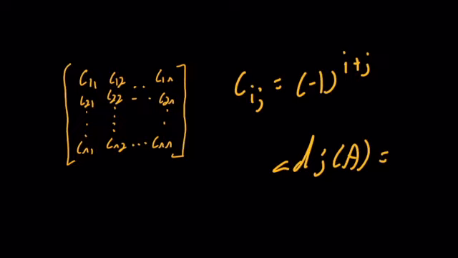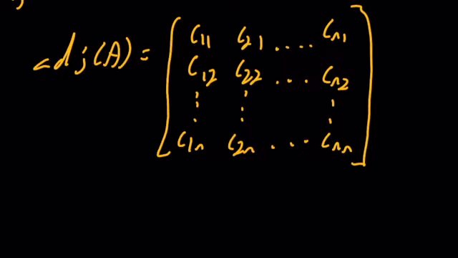What does that look like exactly? Go ahead, pause the video and write it down, and I'll jump straight to it. So in layman's terms, the adjoint of the matrix is simply the transpose of your matrix of cofactors.